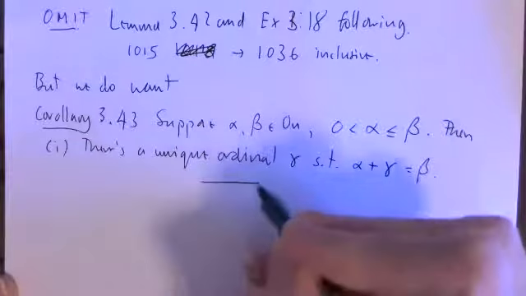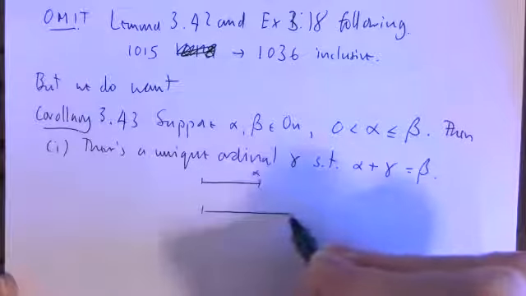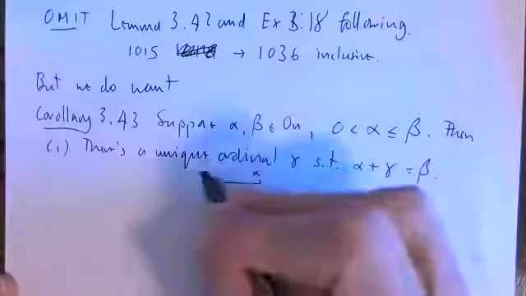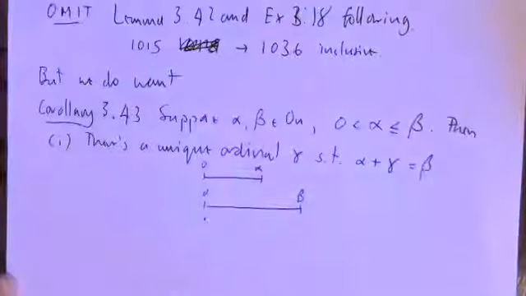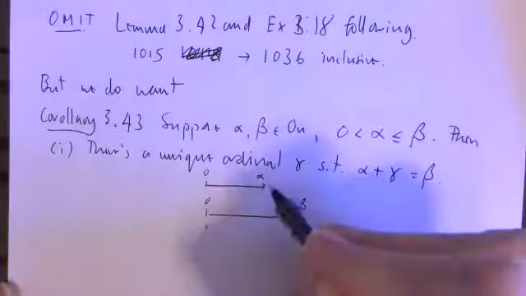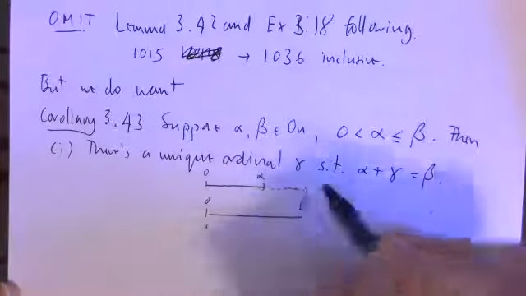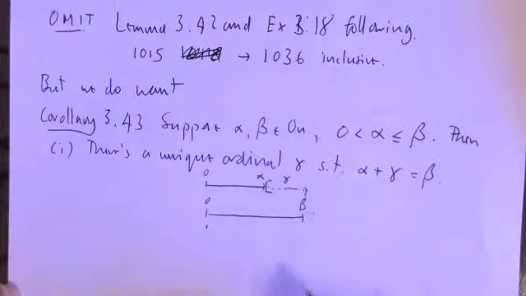Let's draw them going horizontally. Here's alpha. Here's beta. What the corollary is saying is that there's a unique gamma here that I can add on to alpha to get to beta.